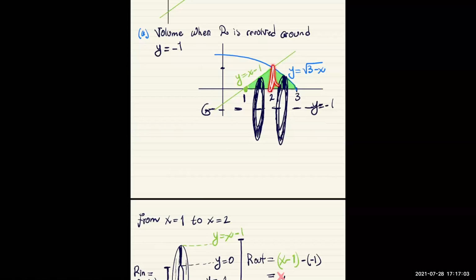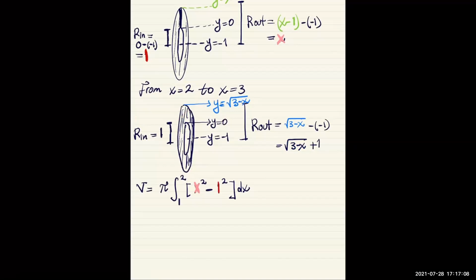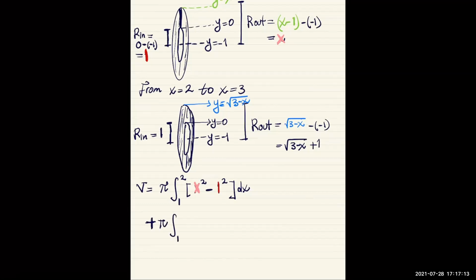Okay, so that takes care of the volume of the solid from 1 to 2, and then the solid also goes from 2 to 3. From 2 to 3, we have this washer. So plus pi times the integral from 2 to 3. And again, this is the outer radius. Let me change the color to gray.